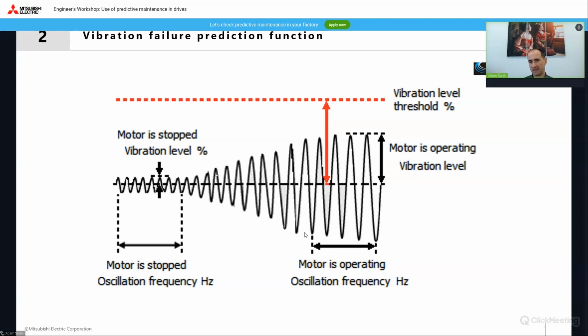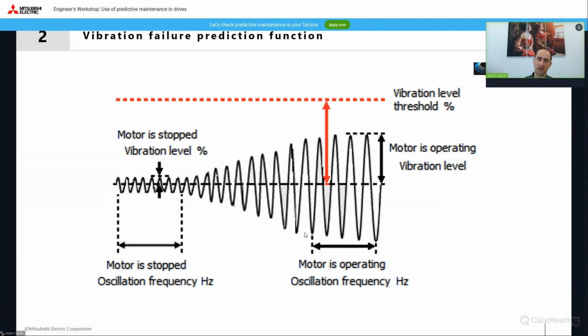And if the vibration level increases above some level, it will cause a warning, not an error, because it will not stop the application. It just gives us the information that the vibration level of this axis is too high.